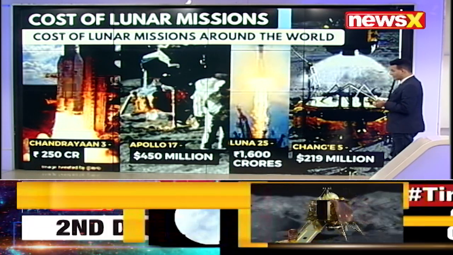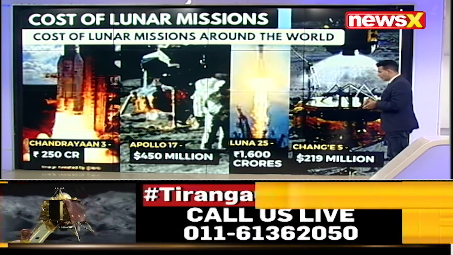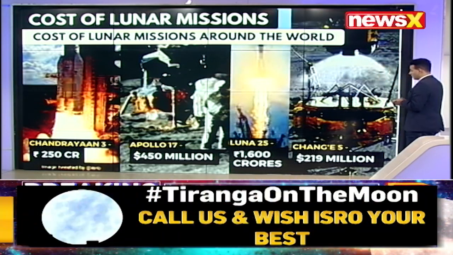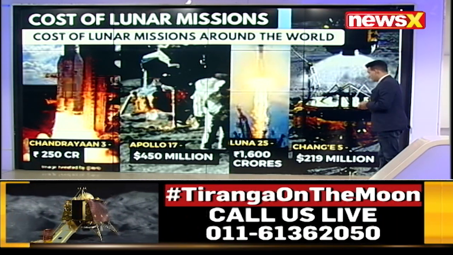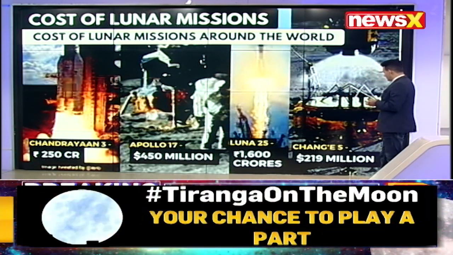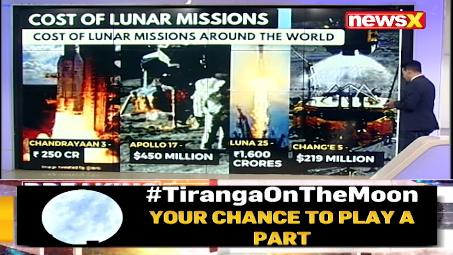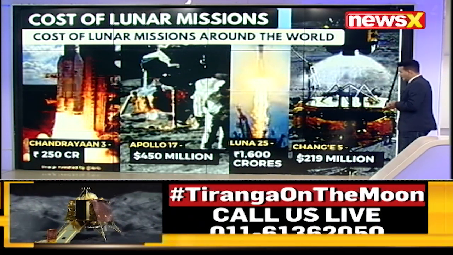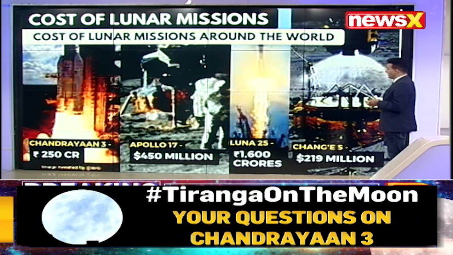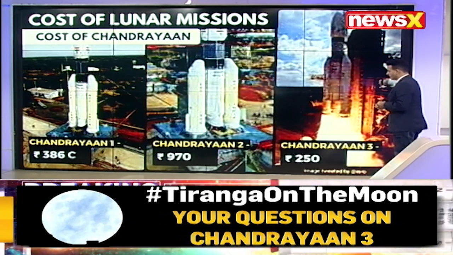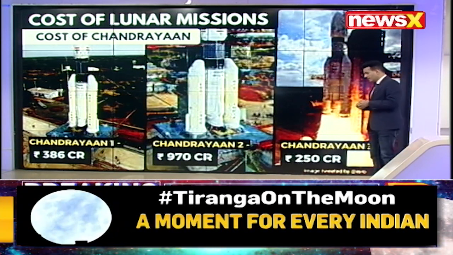Chandrayaan 3 is of course at 250 crores, and look at what Apollo 17 was, $450 million. The Luna 25 is 1600 crores, and the Chang'e 5 is 219 million. So it's a fraction of the cost with which ISRO has been able to pull off these missions.